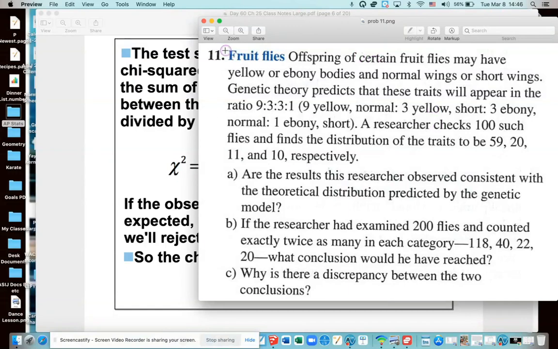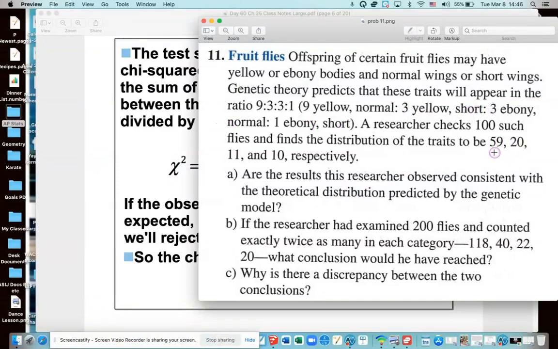So they sample 100 fruit flies. They go and say, let's find these fruit flies, let's sample them, and they have these bodies and wings, different colored bodies and different sized wings and things like this, right? So from the different traits, they have yellow normal, yellow short, ebony normal, and ebony short, right?